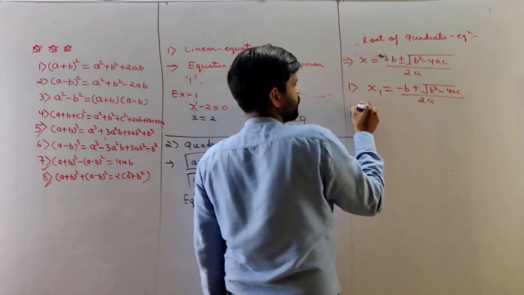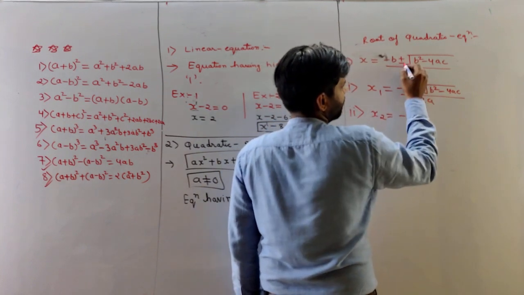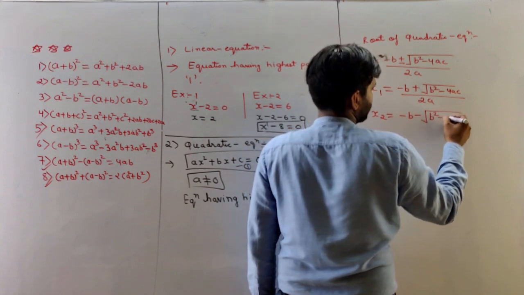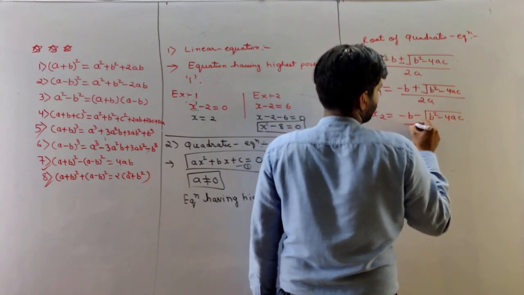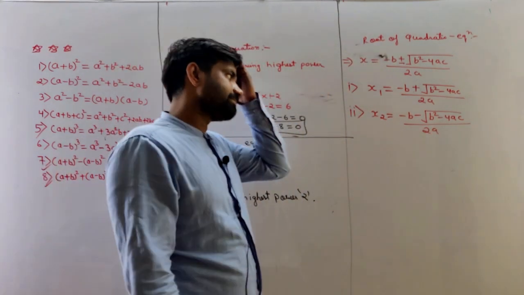The second value is x2 = (-b - √(b² - 4ac)) / 2a, taking the minus sign only. Okay, understand?